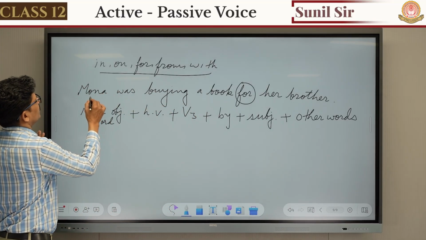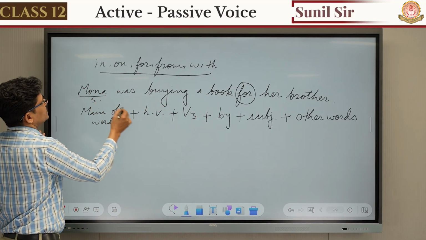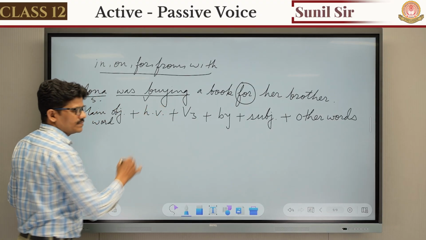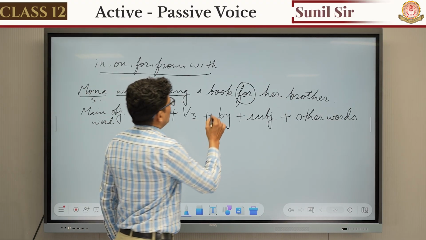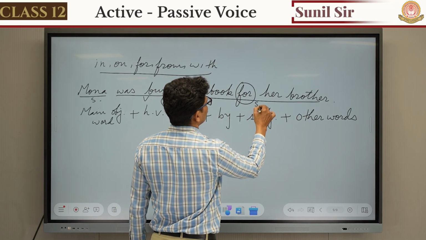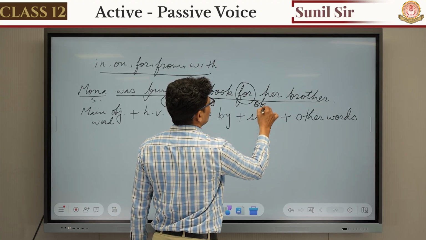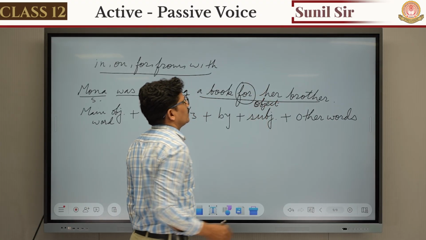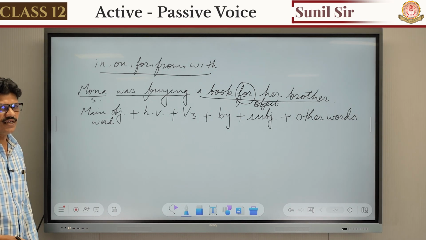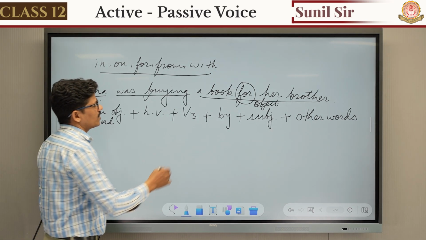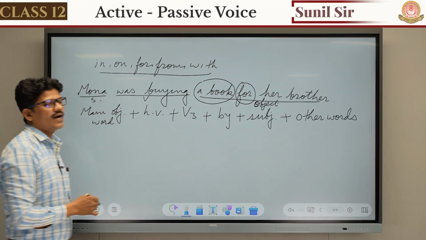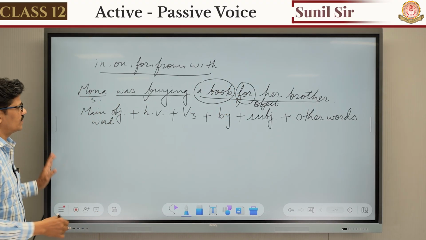In this sentence, Mona is the subject, was buying is the verb, and a book for her brother becomes the object. Where is the main object word in this sentence? A book.